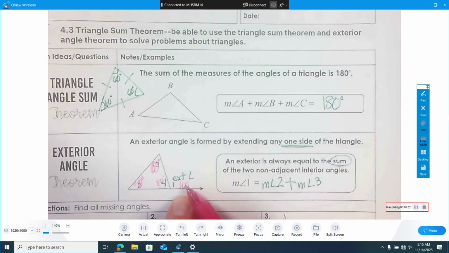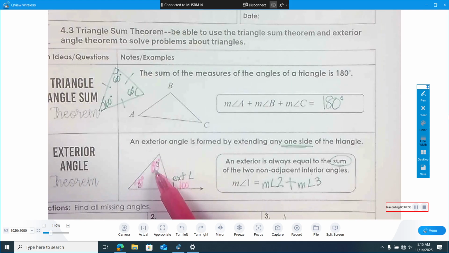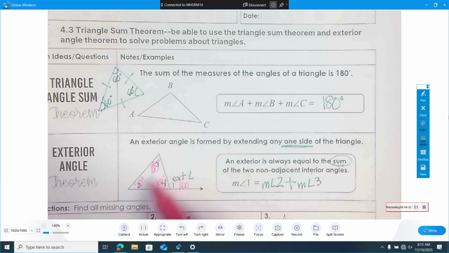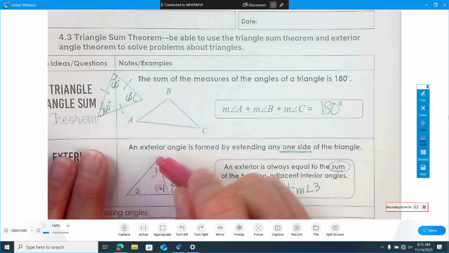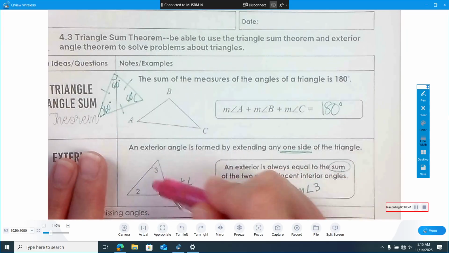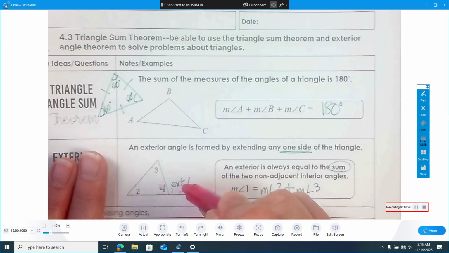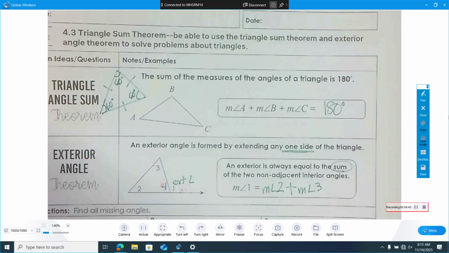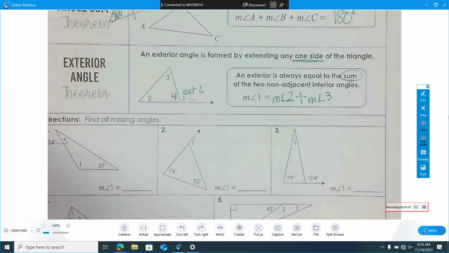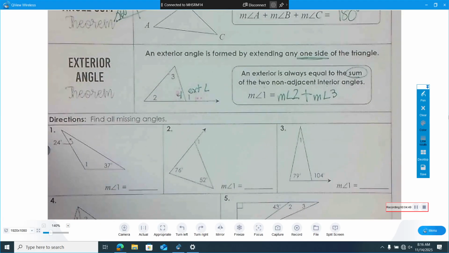And then we can see that there's the 100, and it turns out that that's 40 plus 60. So that exterior angle does, in fact, add up to be the sum of the non-adjacent angles. Okay, perfect. So we have these two theorems that we're using today.